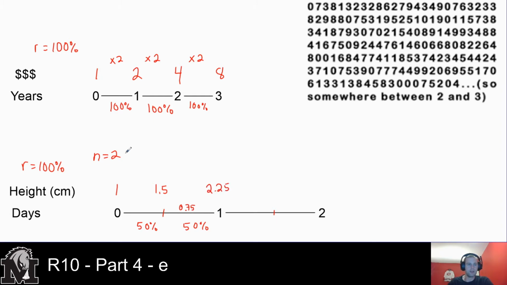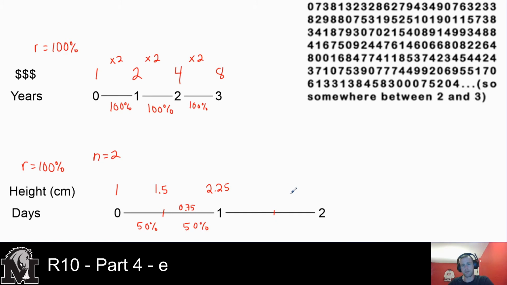You'll notice that after 1 year, with 2 compounding periods as opposed to just 1, we end up with 2.25 rather than 2. So we're getting a little better growth by breaking our growth rate into multiple segments.